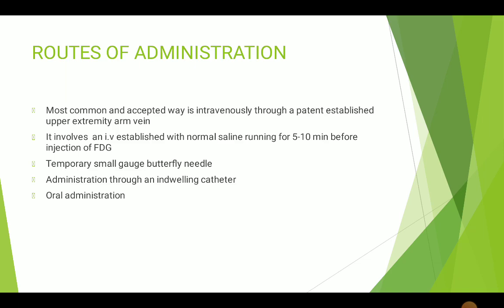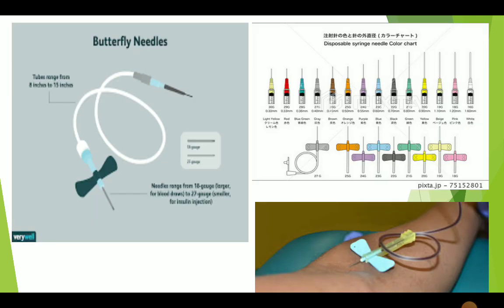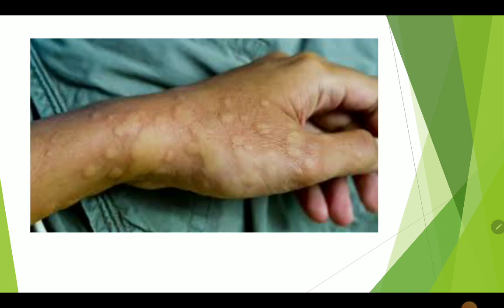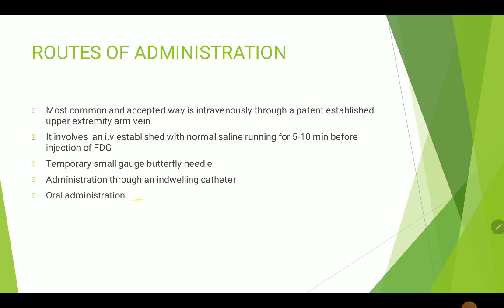You can also use a temporary small butterfly needle. This is an image illustrating butterfly needles. These are usually used for kids, and this is a chart showing the different gauges that can be used to administer the drugs, the syringes. You can also administer it through an indwelling catheter or orally.